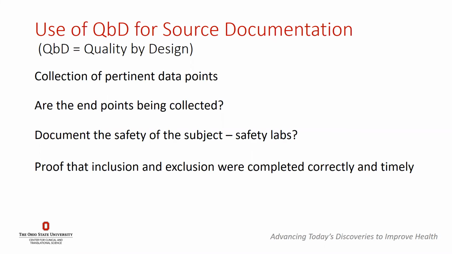That will prevent you from doing things that do not need to be done. If you go in and they have an abnormal that is not inclusive, then you stop. You don't have to do any other screening events if they've already failed one.